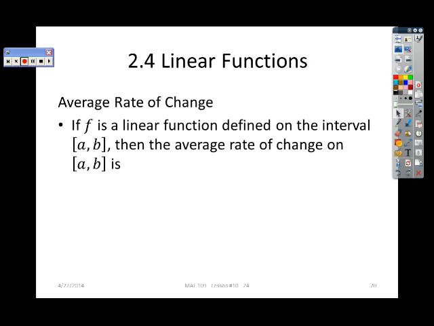We're going to look at it first when we're talking about straight lines, where it is completely accurate, but then we'll apply it to a set of data points that are not straight lines.